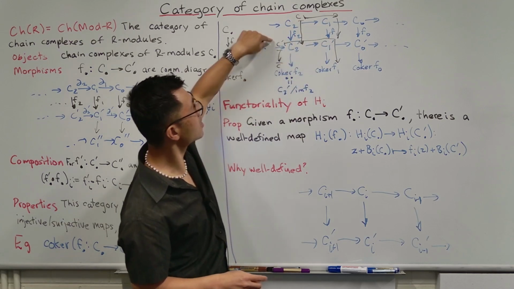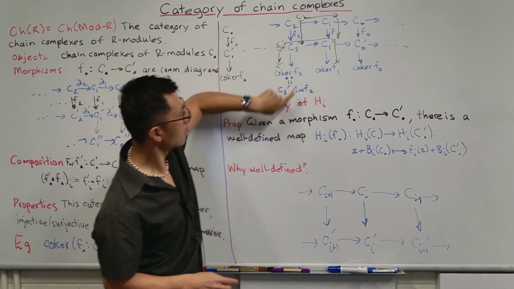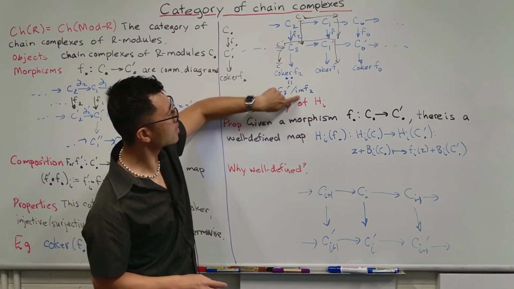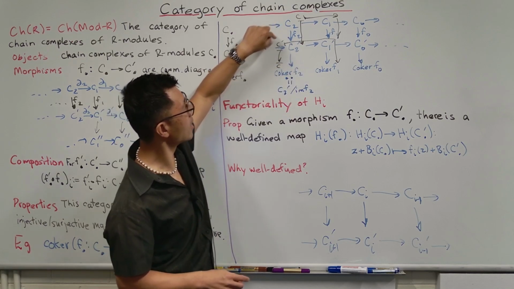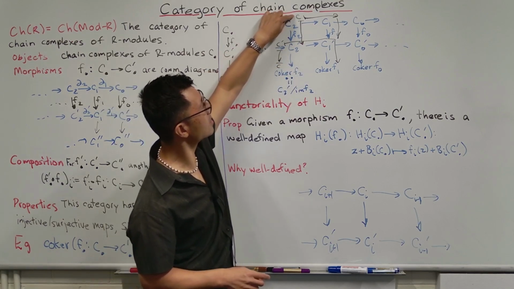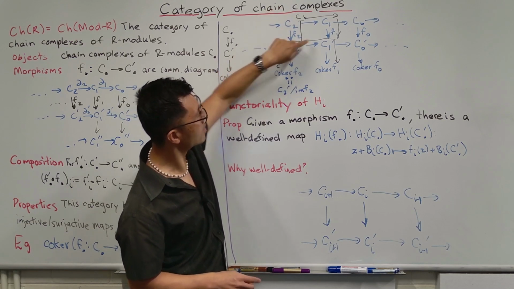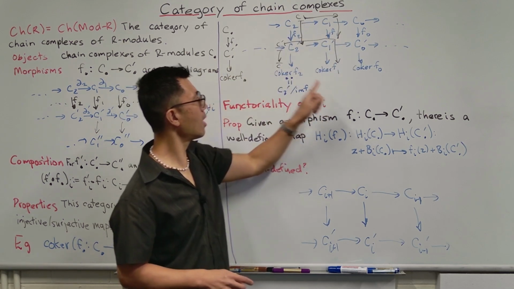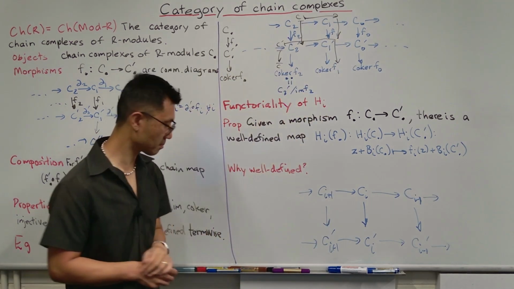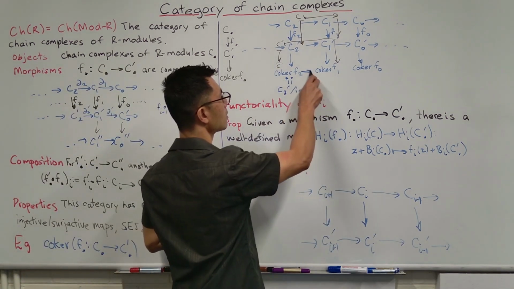So changing the C prime by another element in its equivalence class, another element in this coset, means that you basically pick some C, which maps like that, and you change it by the image of C all the way down here, which, as we've seen, is just 0. And hence this is a well-defined map. And since it's a well-defined map, that gives us this map here.